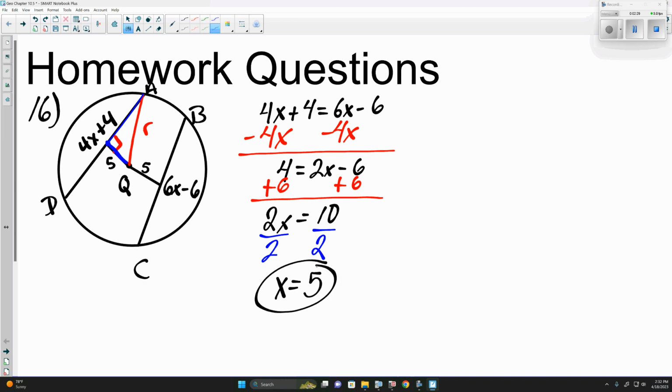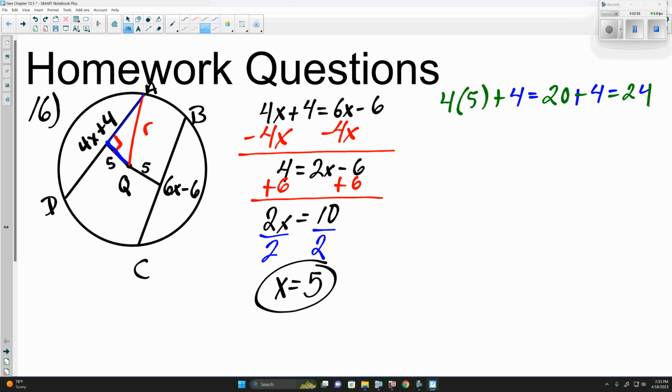Now that's not the final answer. We needed to find x in order to be able to find the radius. Our next part is going to be plugging it back in. Now it doesn't matter which one we plug it back into, because they will give us the same value. So we can say 4 times 5 plus 4 would be 20 plus 4, which is 24.